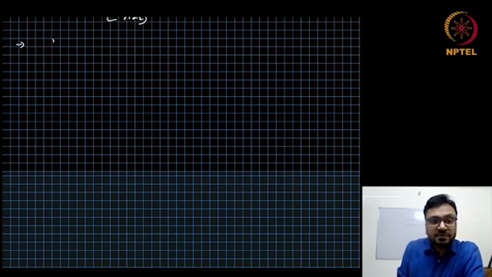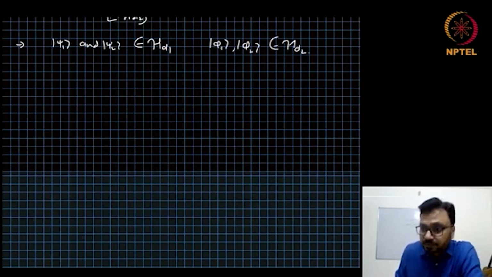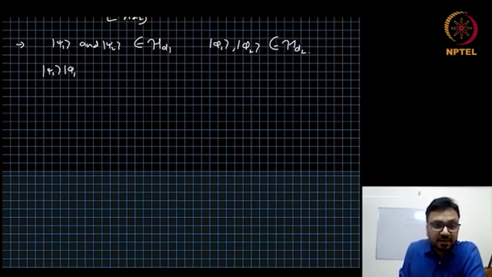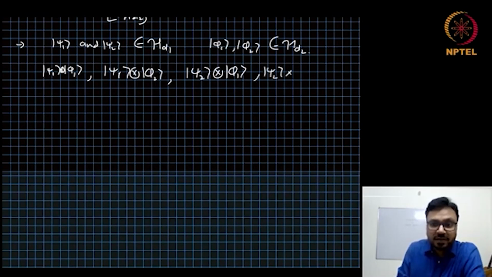Now, if we have psi1 and psi2 states in HD1 and phi1, phi2 in HD2, then we have psi1 phi1 tensor product, psi1 phi2, psi2 phi1, and psi2 phi2.